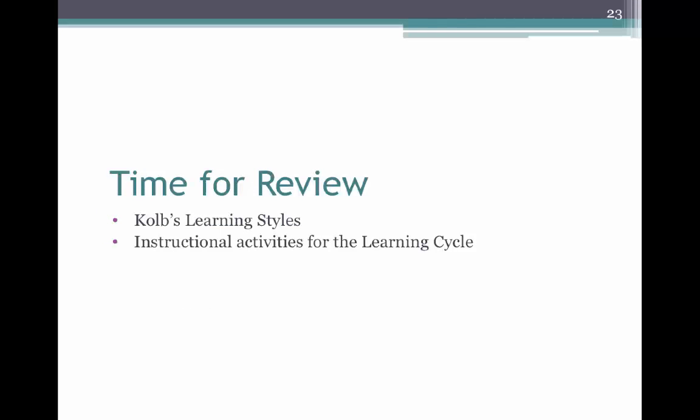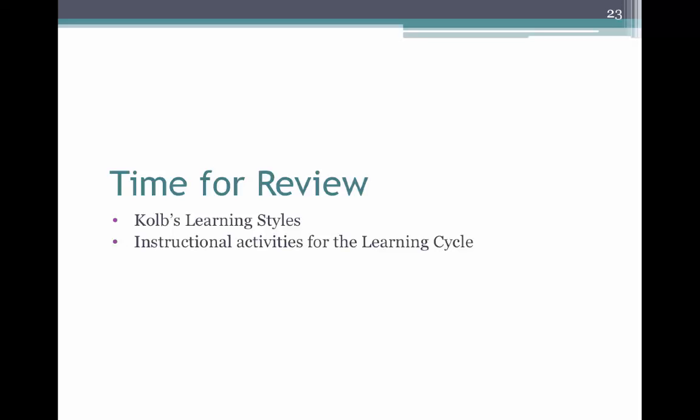Let's recap the last half of the lecture. We discussed two topics: learning types as categorized by Kolb, and instructional activities for each portion of the cycle. We discussed the four different learning types: divergers, who like to ask the why-type questions; assimilators, who like to ask, what is there I can know; convergers, who like to ask the how-type questions; and accommodators, who have a what-if and how-come mentality.